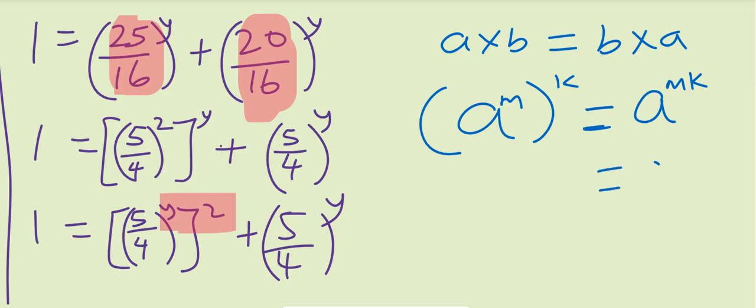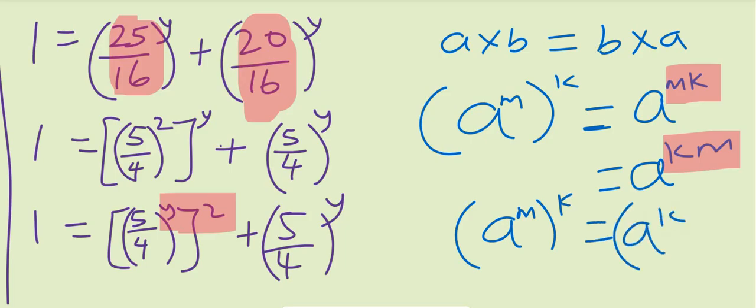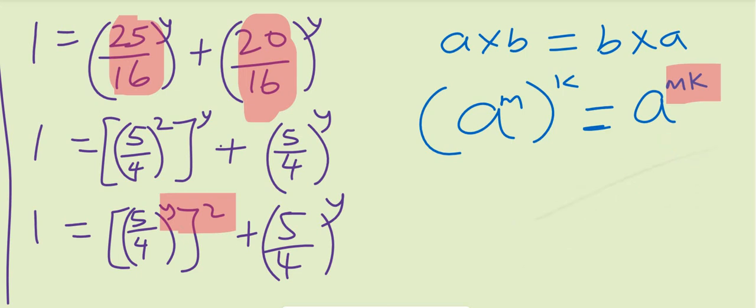It's still the same thing as a to the power of km, k multiplied by m. So since multiplication is commutative, mk and km are equal, you can also interchange the powers. So a to the power of m to the power of k can be a to the power of k to the power of m. That is what I've used in order to arrive at this. So with that, let me clean this part and move on.